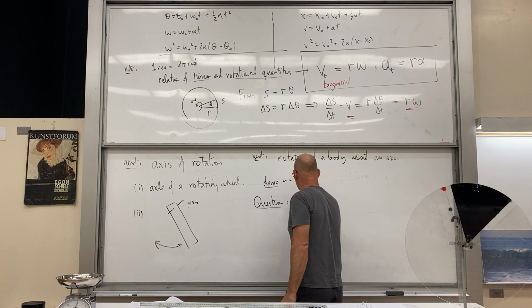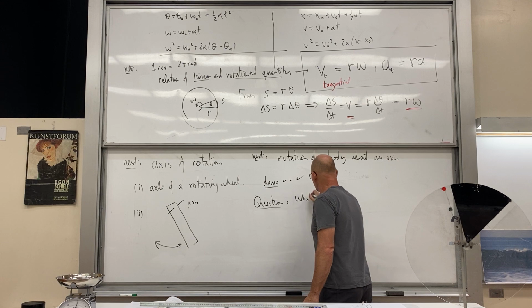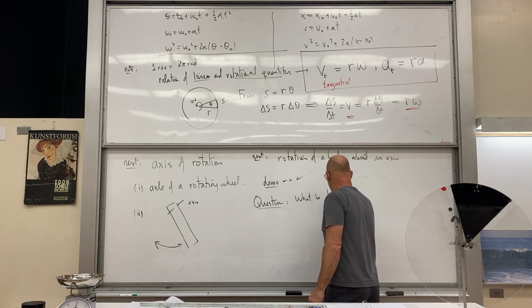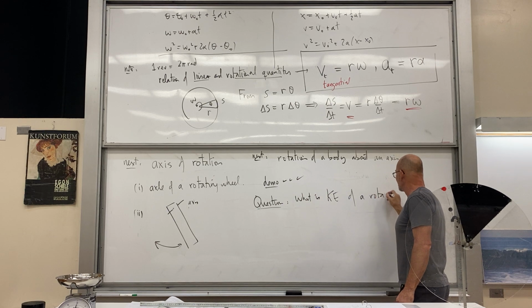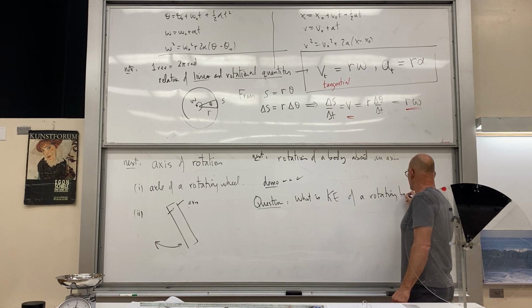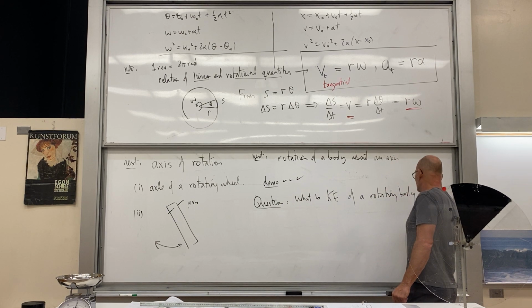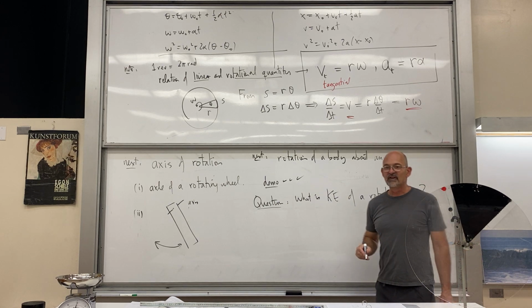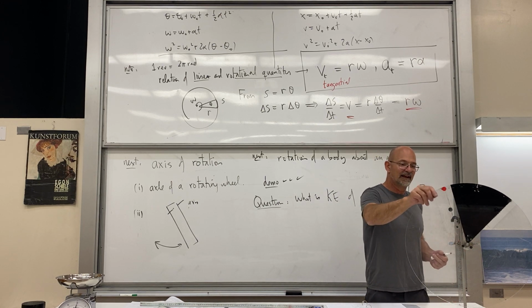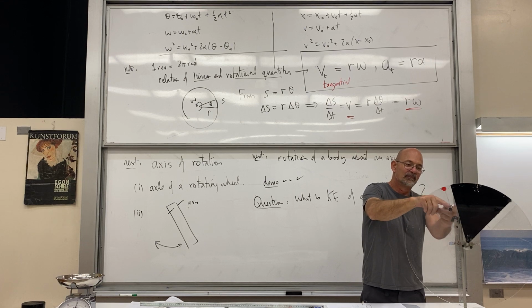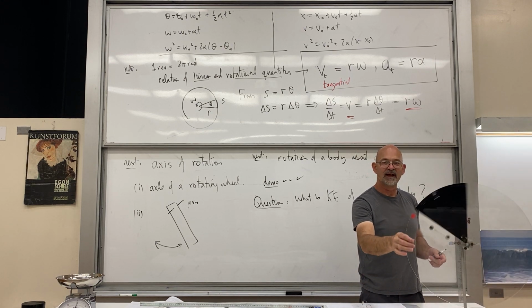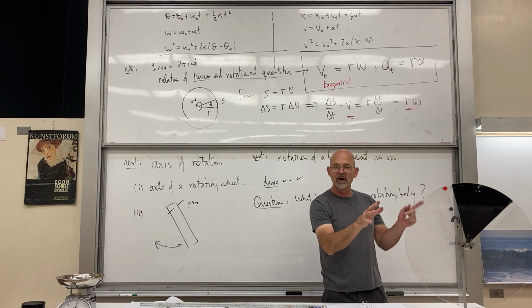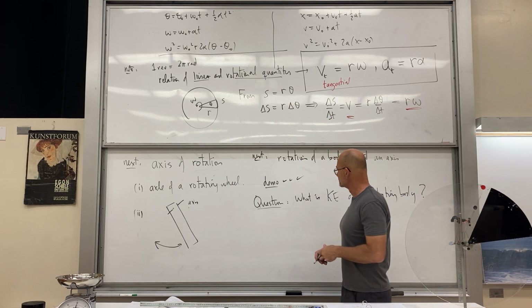Question: what is the kinetic energy of a rotating body? This is pretty interesting because it's not going anywhere, and yet every mass that comprises this body here is moving. Okay, and if it's moving, every individual mass should have a 1/2 mv squared.